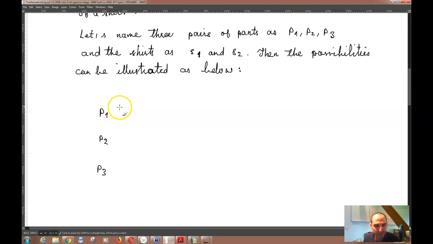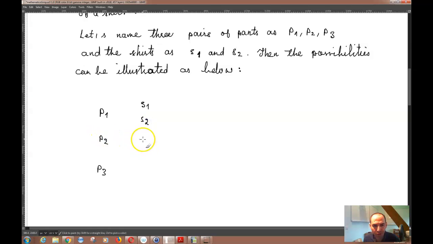Each of these pants can be taken with 2 shirts, meaning that over here I have S1 and I have S2.